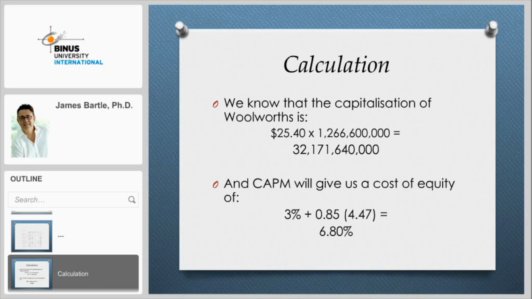Rather than go through the complicated calculation in class, because you don't really need to know how it's done, I can report to you that that calculation, which we also know as the risk premium, is 4.47% for Australia. So when we do this calculation, we find that the cost of this $32,171,640,000 is 6.8%.